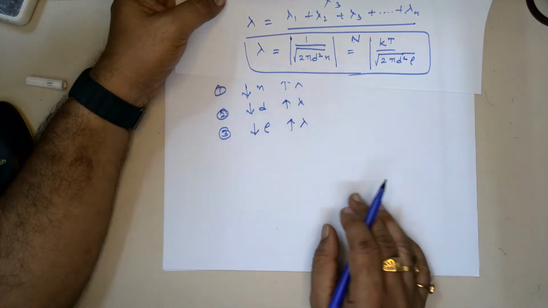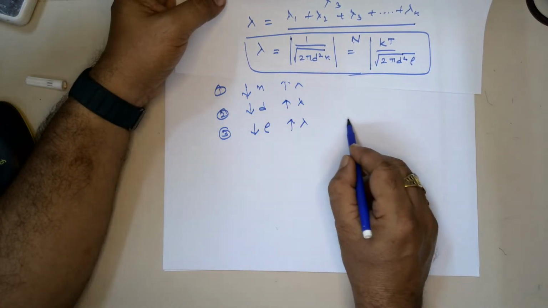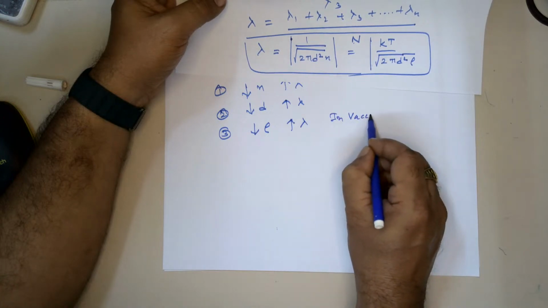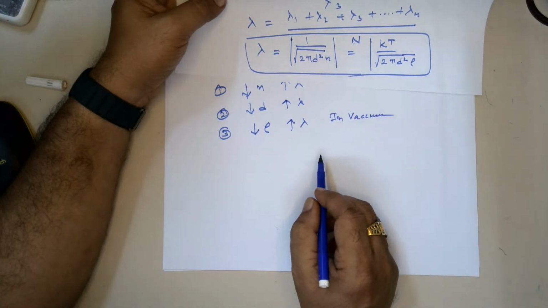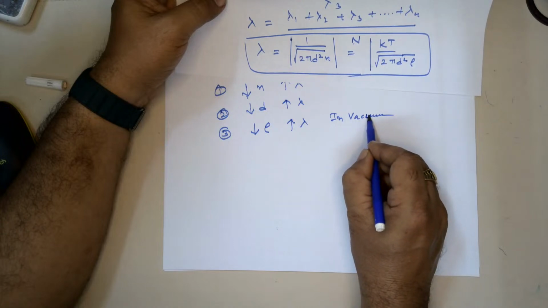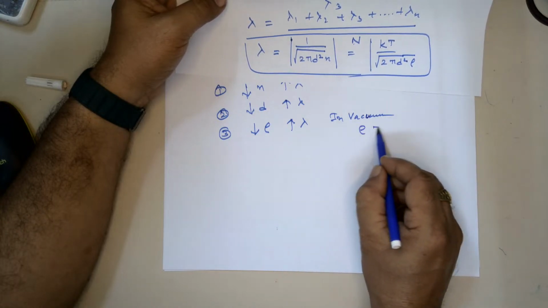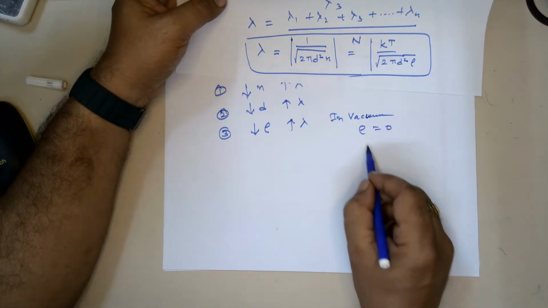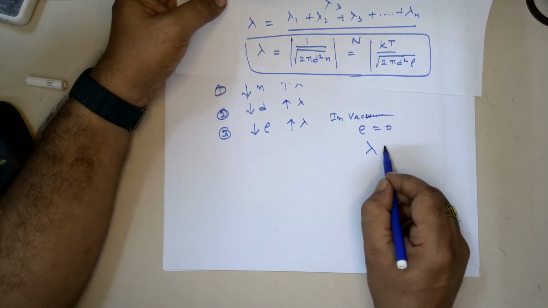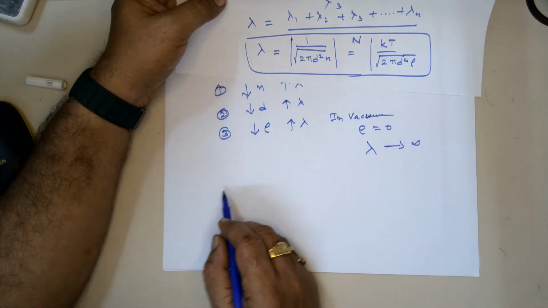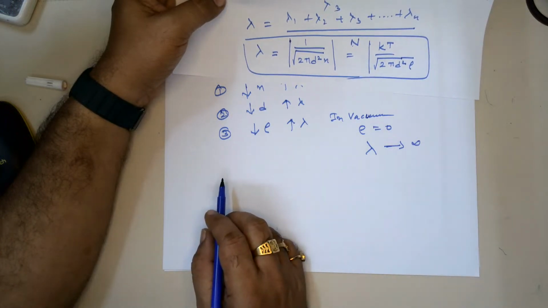So in the case of vacuum, rho is equal to 0. So it means the lambda becomes infinity, that is, the mean free path becomes infinity.